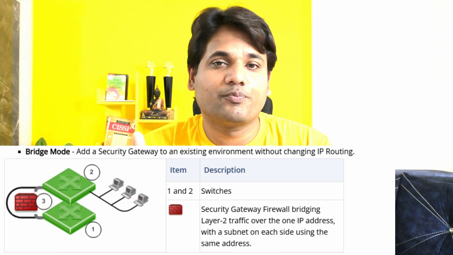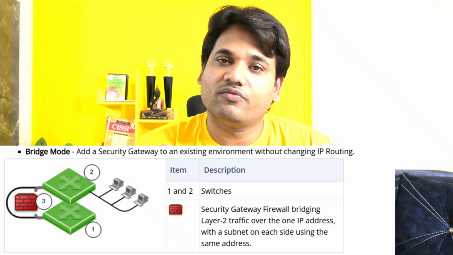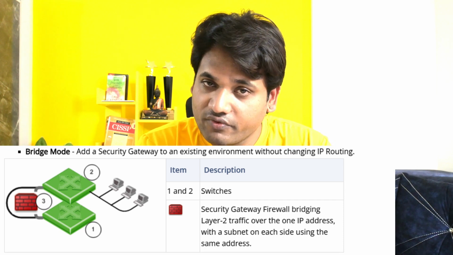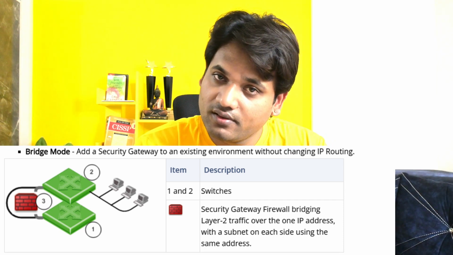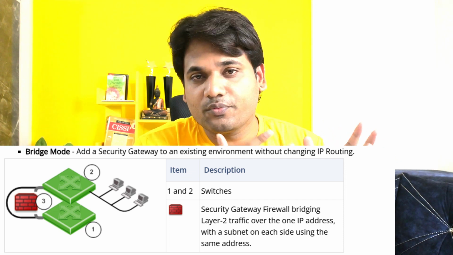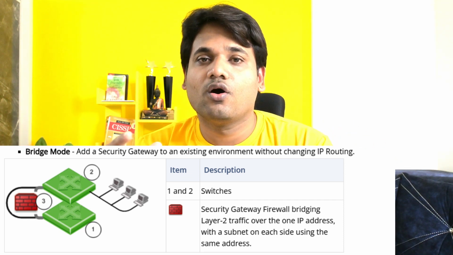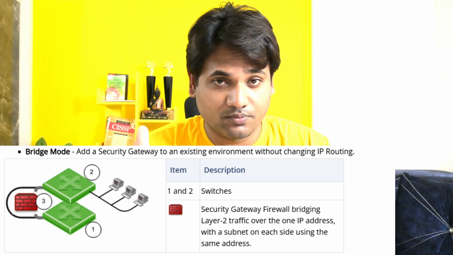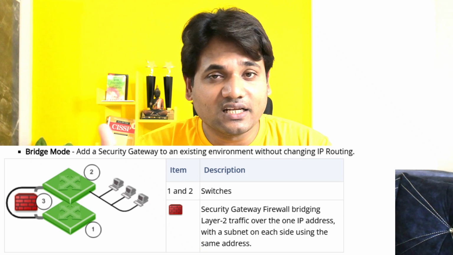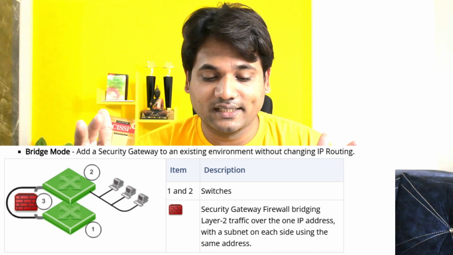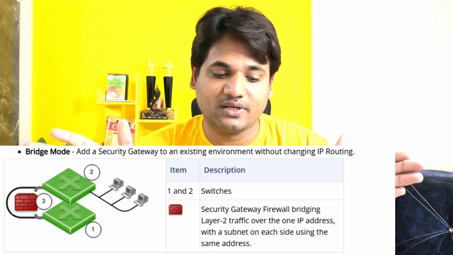There are ports which you can connect to your main infrastructure and the firewall, so the traffic passes the way it should in a live environment, but a copy of that communication also goes to this firewall in bridge mode, so that silently you can observe things and configure the rules accordingly. This is the flexibility that Check Point gives.